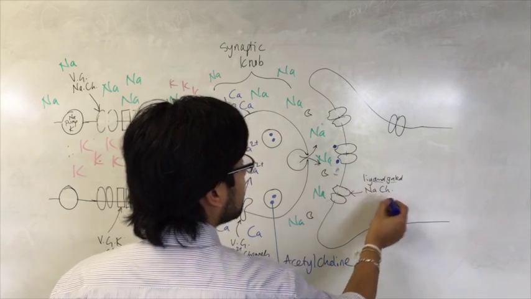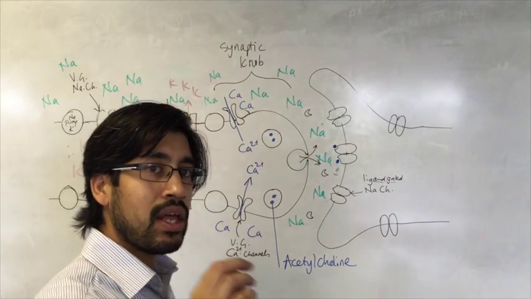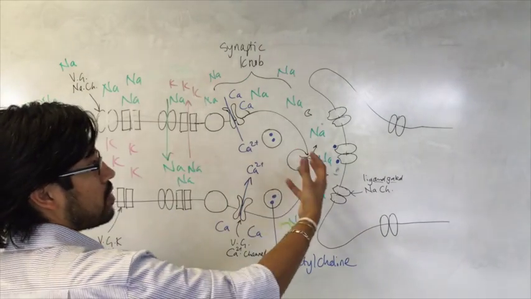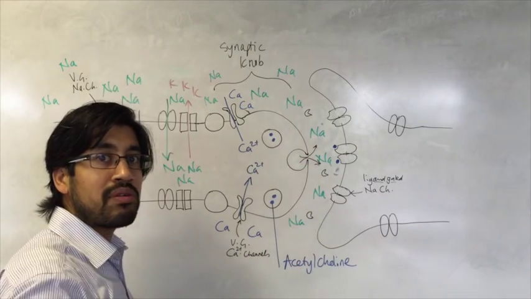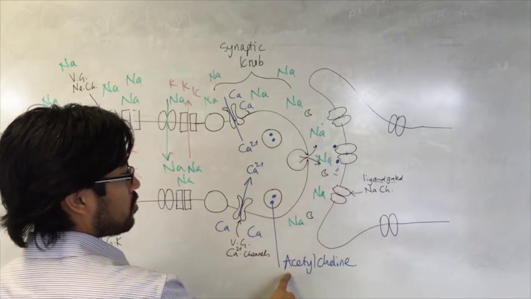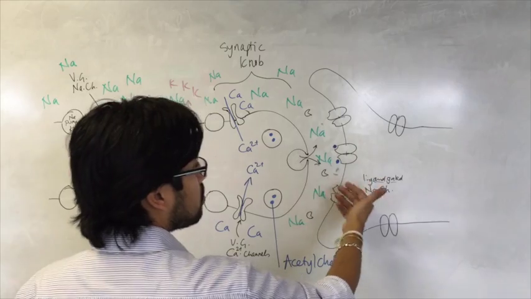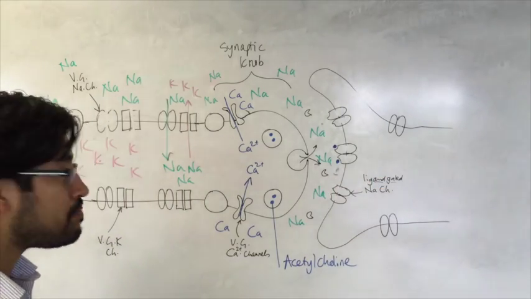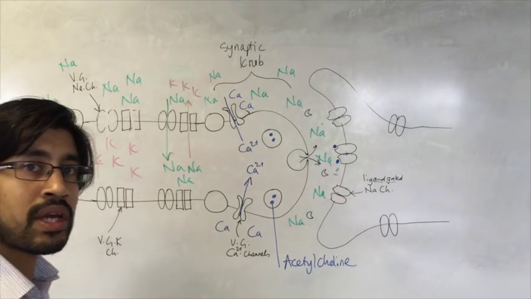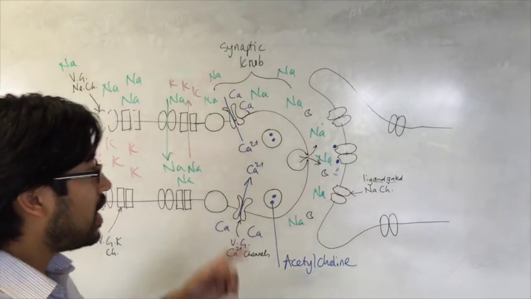the ligand-gated sodium channels. Okay, ligand-gated sodium channels. Ligand is something that binds to a receptor. Okay, and in this case, the ligand is our neurotransmitter acetylcholine, and it's going to bind to the ligand-gated sodium channels. Now remember, voltage-gated sodium channels opened and closed in response to changes in voltage.